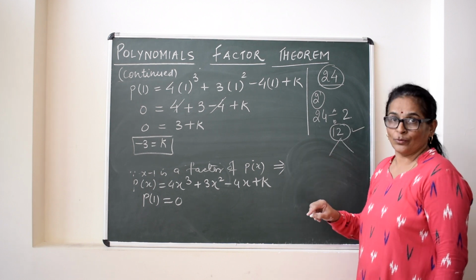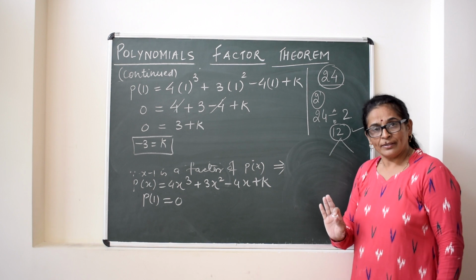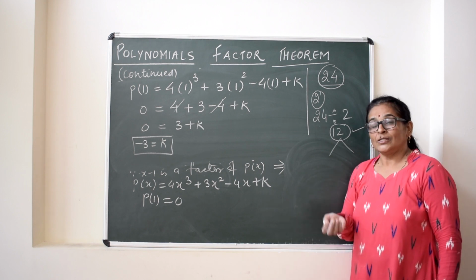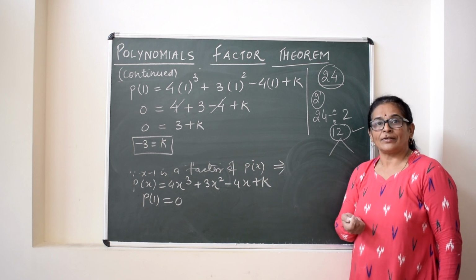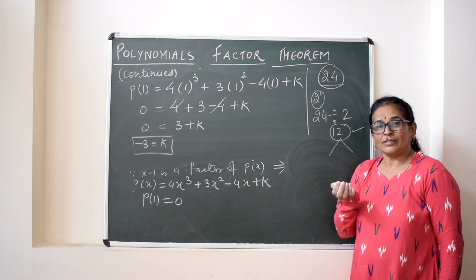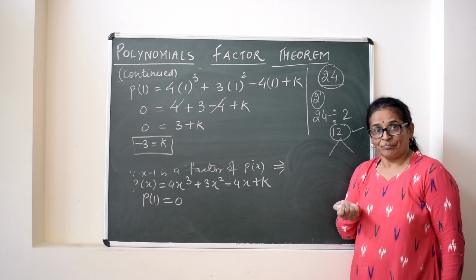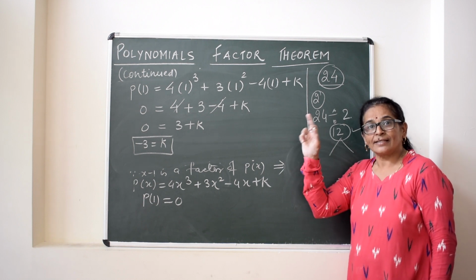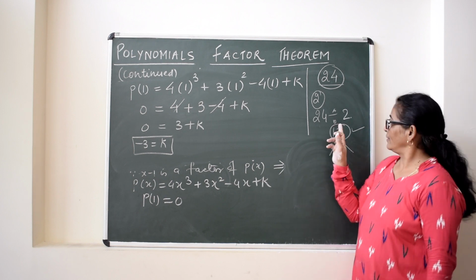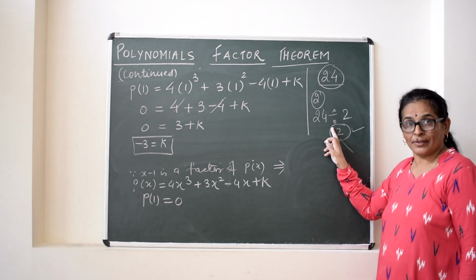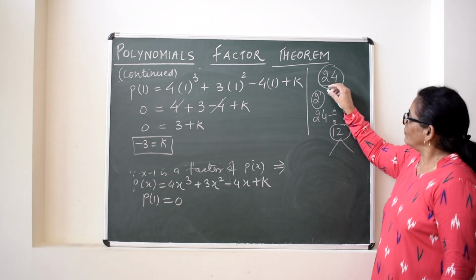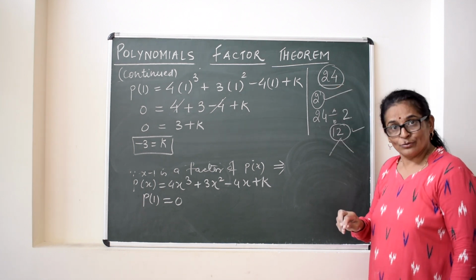The same thing we will do over here. A polynomial will be given and they'll ask to factorize this polynomial. So, by using the factor theorem, we will find one of its factors. And when we get one of its factors, then we will divide this given polynomial by that factor, as we have done for this number. As I said, factorize this 24, and one of the factors is known as 2.